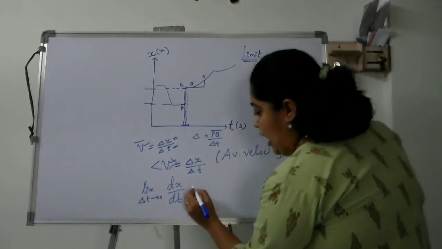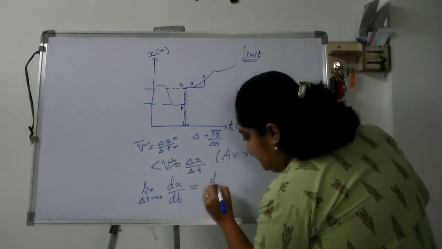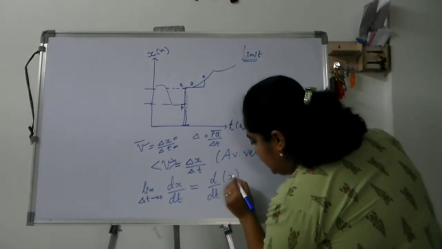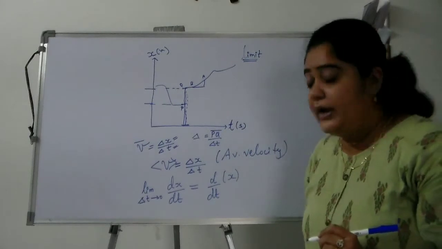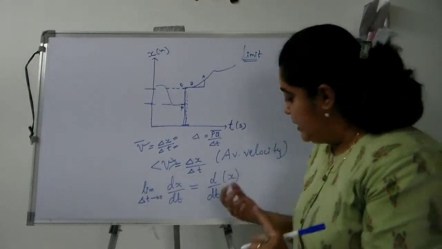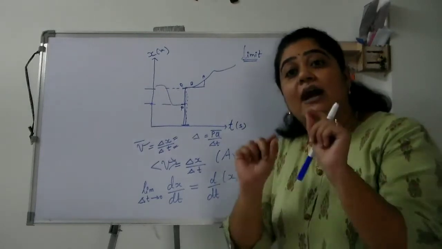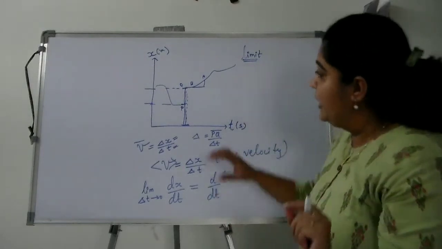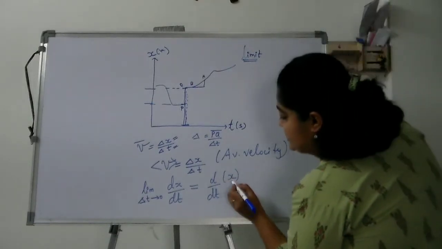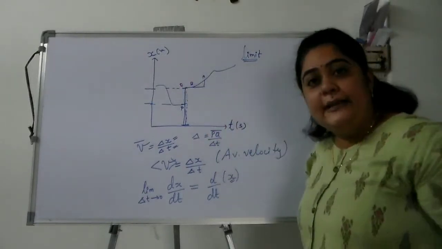How do I write this? It is d by dt of some function x. Now this function x is one variable, and this t is one other variable. In this particular case, x is dependent upon t.